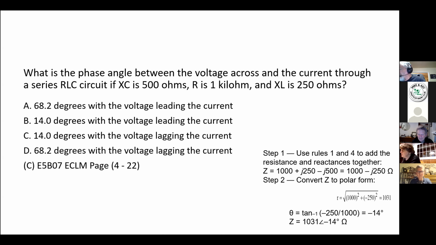The angle is the tangent of negative 250 divided by 1000, which equals negative 14 degrees. So Z would be 1031 with an angle of negative 14 degrees, on page 422. And boy, that was fun cutting and pasting that into the slide deck.